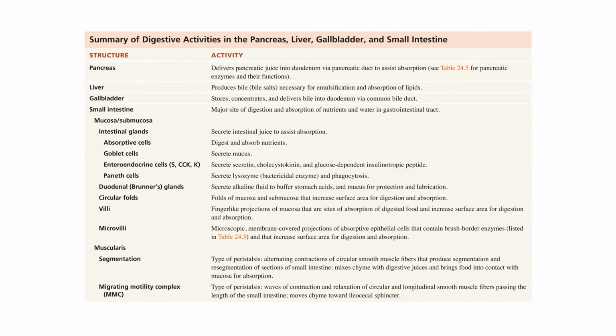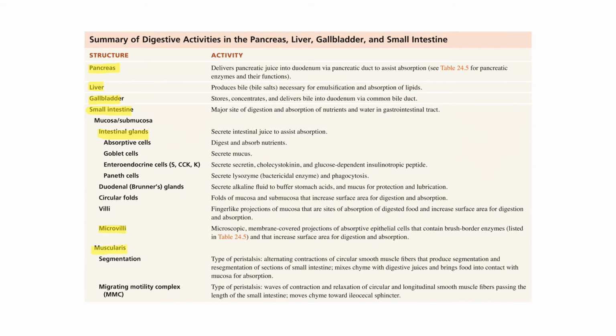This table here is a great summary of the digestive activities in the pancreas, the liver, gallbladder, and the small intestine. It does show many of the cells found in the small intestine. So we get these cells of the intestinal glands, the microvilli, the movements that happen in the muscularis layer, pretty much everything like that.